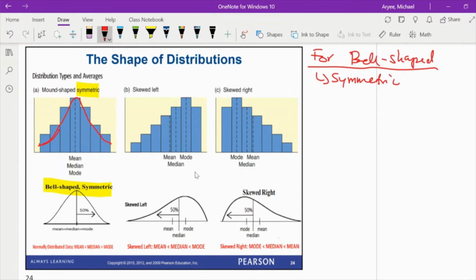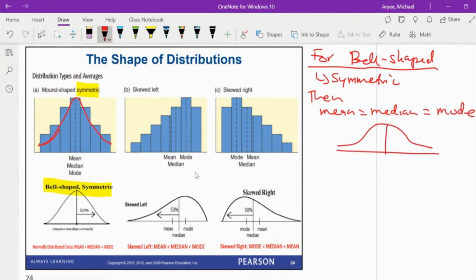If the distribution is symmetrical, then the mean is equal to the median, and it's equal to the mode. When you look at the bell shape, the tallest part is always the mode, but it happens that it's also the same as the median because it's in the middle, and the same as the mean because the mean happens to be in the middle. So in a symmetrical distribution, the mean, the median, and the mode are all equal.